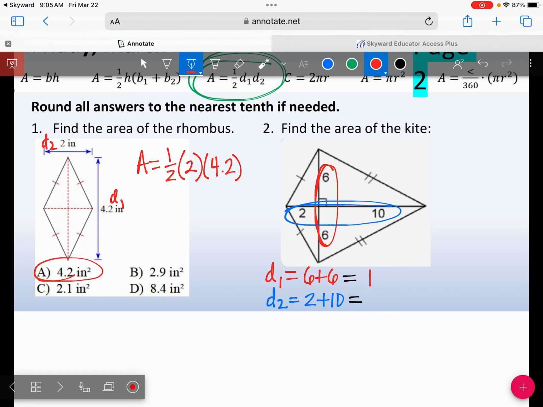So diagonal 1 is 12, and diagonal 2 is 12. So your area would be 1/2 times 12 times 12. Go ahead and use your calculator and see what you would get.